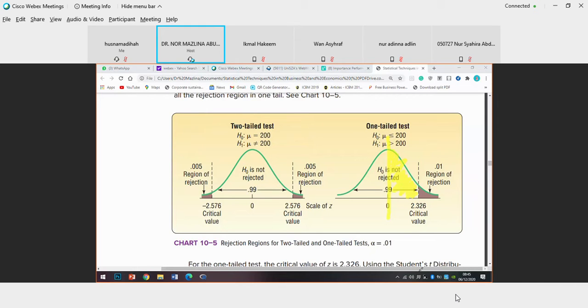Try to calculate. How much is it? I want just that area. 0.49. How do you know? 0.5 minus 0.01. Okay, very well done. Because you know half of this is 0.5, so you subtract 0.01. So you got 0.49.